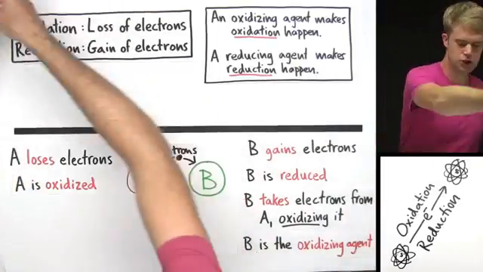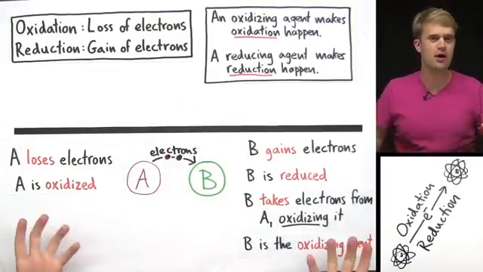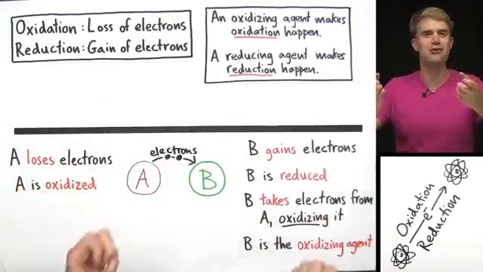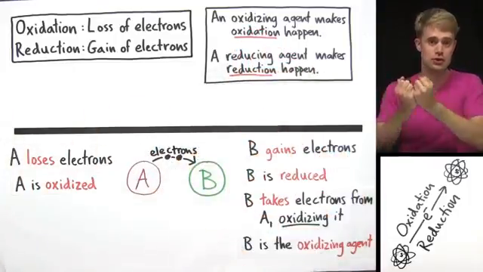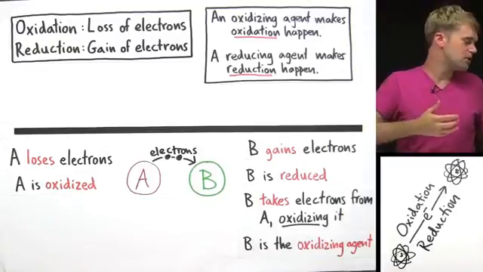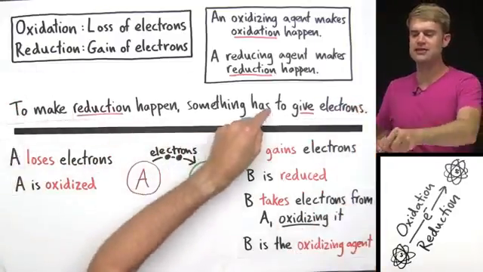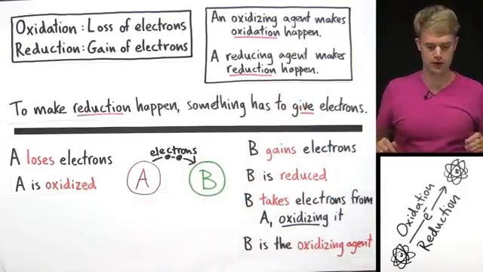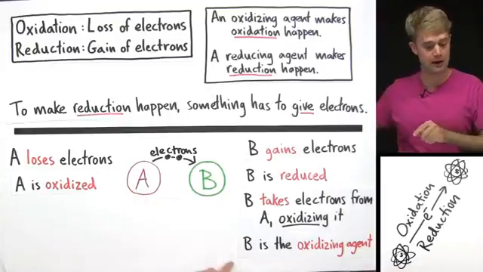Now let's talk about reduction. Here in our diagram we have B. B is gaining electrons, but you just can't gain electrons out of thin air. If you're going to gain electrons, something else has to give you those electrons so that you can gain them. So we can say that to make reduction happen, something has to give electrons. Where are the electrons coming from that B is gaining? Well, they're coming from A, right?